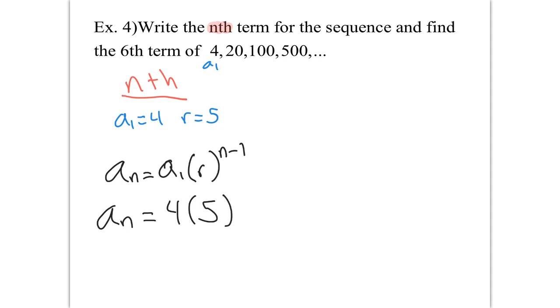Common ratio is 5, so I substitute a 5, and the exponent is n minus 1. So this formula here helps us find any term in that sequence. I mean the first term, second term, third, fourth, fifth, the 27th term, whatever number you need to find, we can use the formula, and that's going to give us the value.